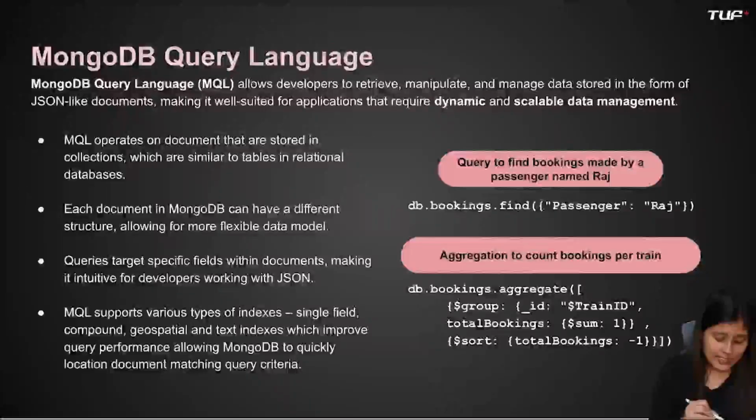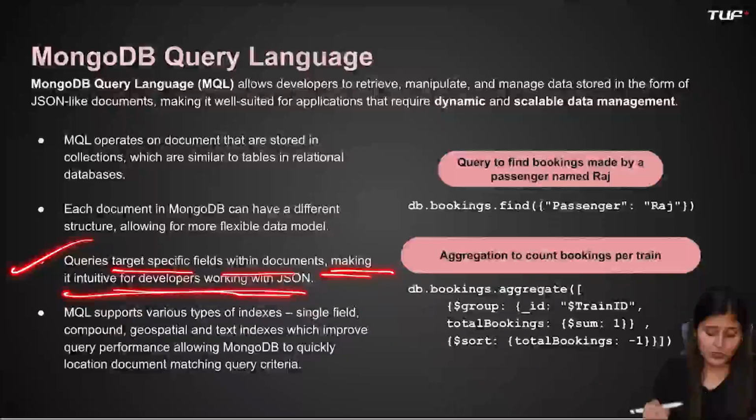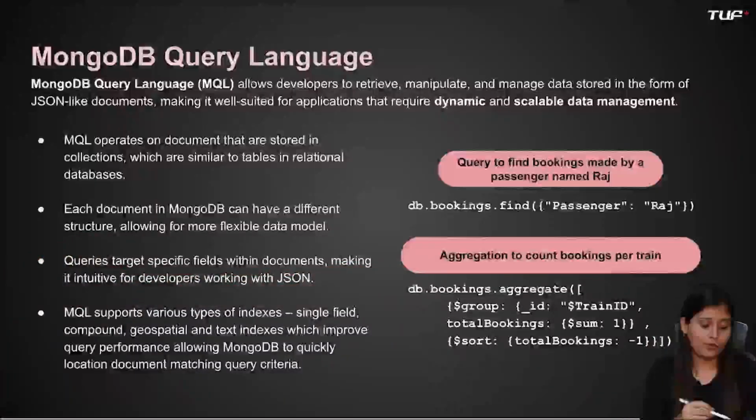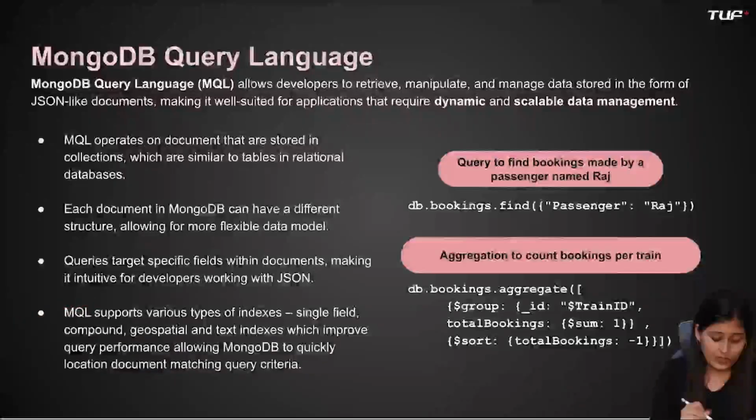Now queries target specific fields within documents, making it intuitive for developers working with JSON. So it focuses on particular or specific fields to fetch the data. It also supports various types of indexes: single field, compound, geospatial, and text index, which improve query performance.